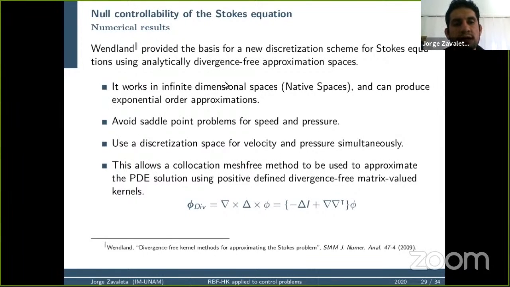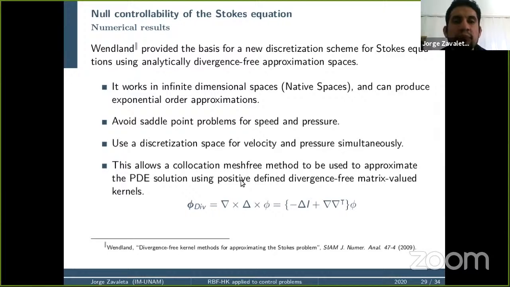Also, they avoid saddle point problems for velocity and pressure because they are using spaces that are divergence free, and they do not have to fulfill the LBB or inf-sup conditions that appear in methods like finite element. And they also use a discretization space for velocity and pressure simultaneously, so they don't need to decouple the system. They are solving a coupled system instead.